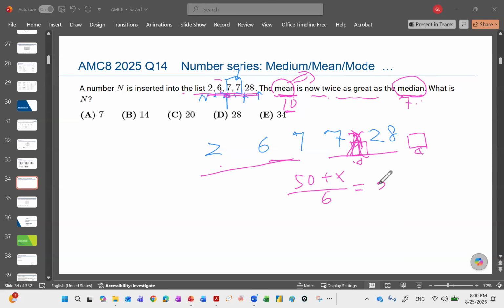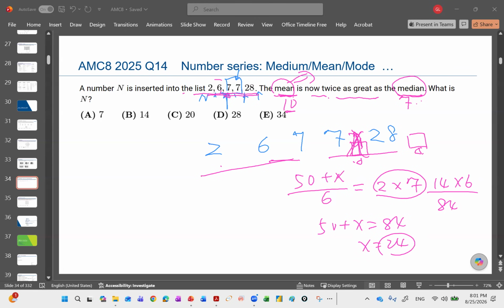So it's 2 times 7, right? So if I insert here, the mean is this number, the median is 7, and the mean is twice the median. So we need to find this solution. So here is 14 times 6, right? It's 84. So 50 plus X equals 84, X equals 34.